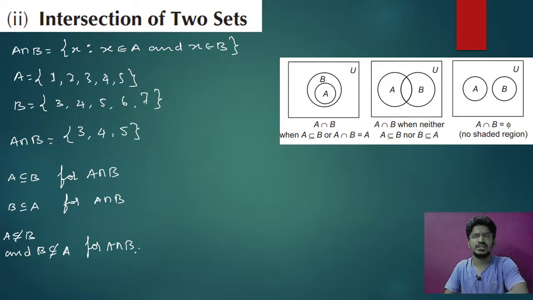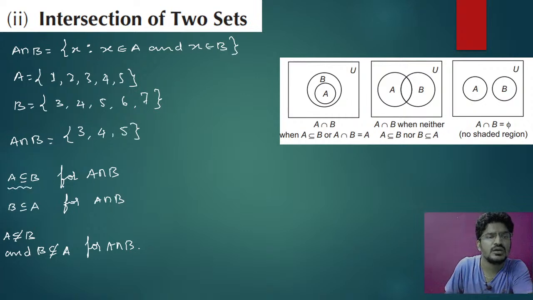That we have to understand. Clear? So can anyone tell me, if A is a subset of B, then what happens to A intersection B? Can anyone tell me quickly? So quickly tell me this.